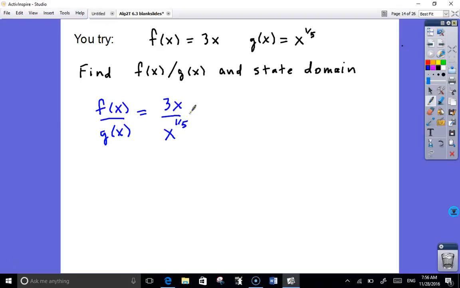It's a fifth root, so it can be less than 0, but it cannot be 0, because in the denominator, you're dividing by 0. Now, I can simplify that, and that's 5/5 minus 1/5. That's 3x to the 4/5. But I still have to say that domain is x does not equal 0.